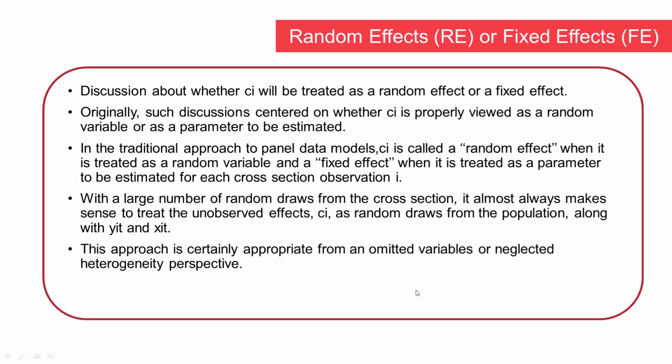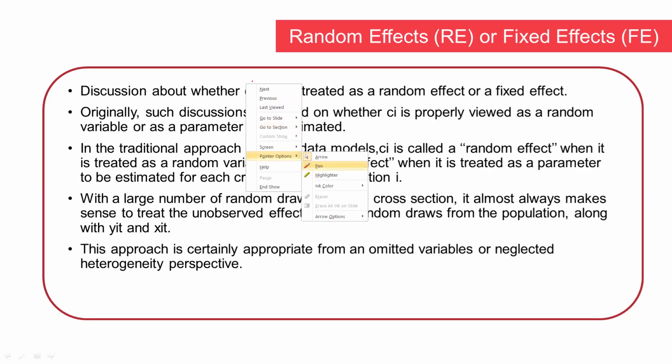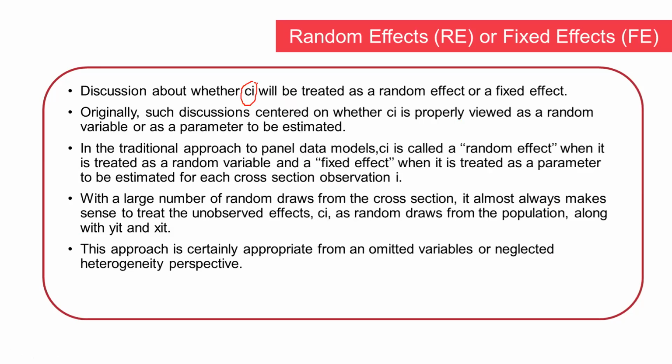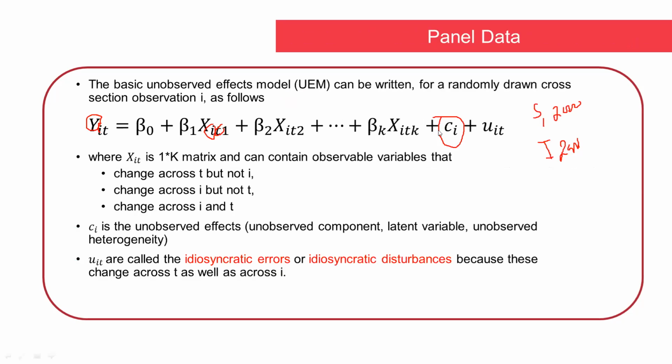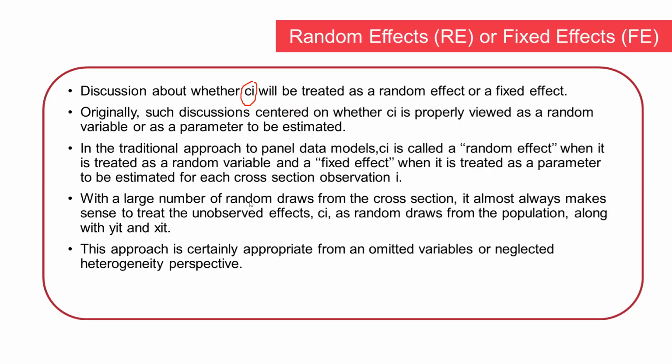So mainly this is about our treatment of this c_i value. It means the unobservable effect, right? According to the formula, you remember here, we need to consider c_i, the unobserved effect.